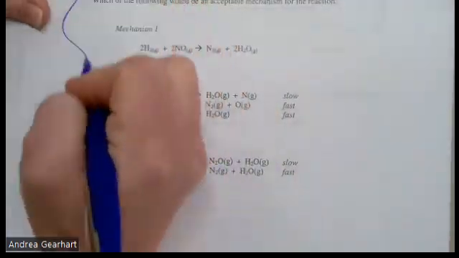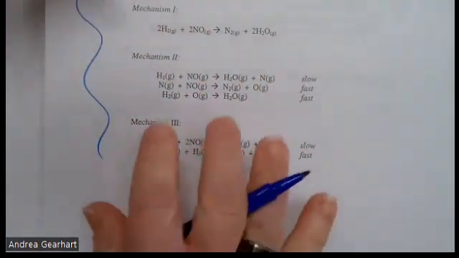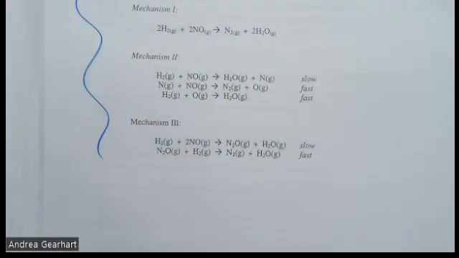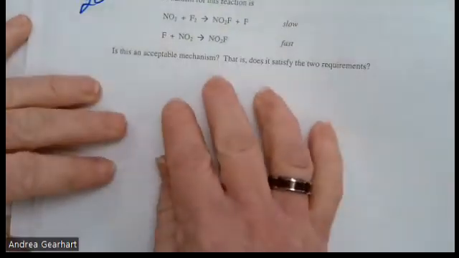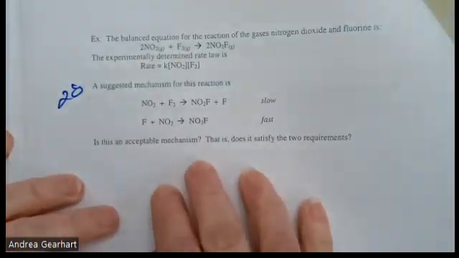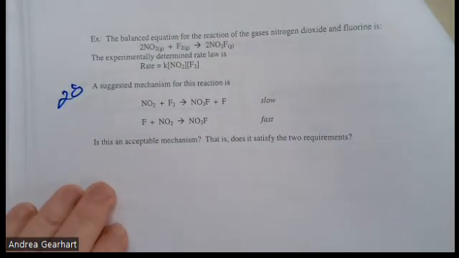And on page 29, an example problem that actually proposes 3 different mechanisms. I'm going to now place the answers for these, but please try this on your own. Think through it. I'm going to show my answer. So if you want to go ahead and pause now.